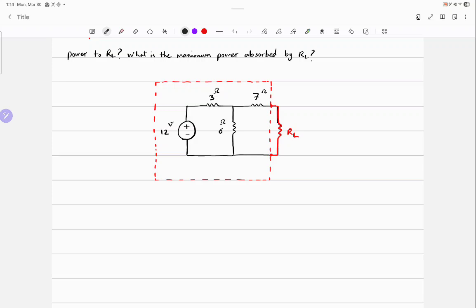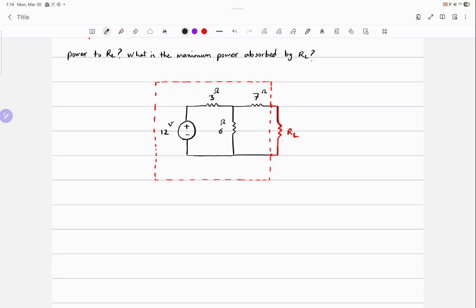Let's see. Is there any way that I can change what's inside the red dashed box to a voltage source which is only in series with one resistor? And if yes, what do you use to do that?